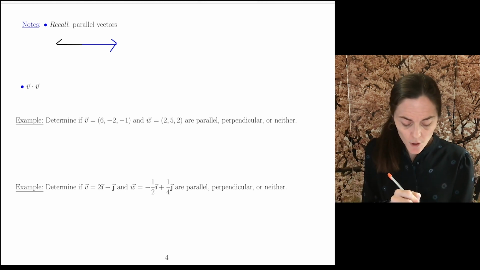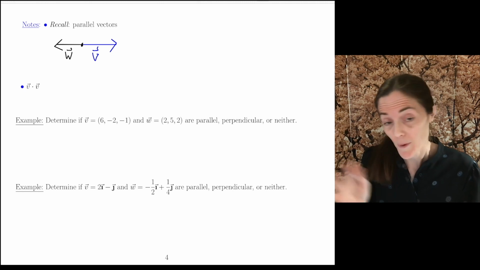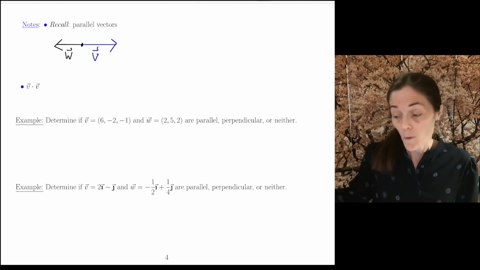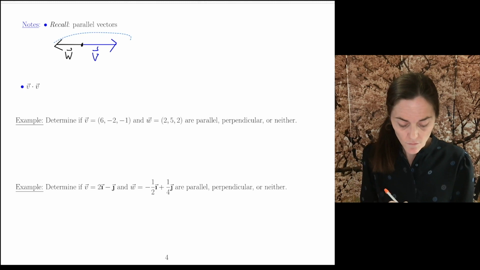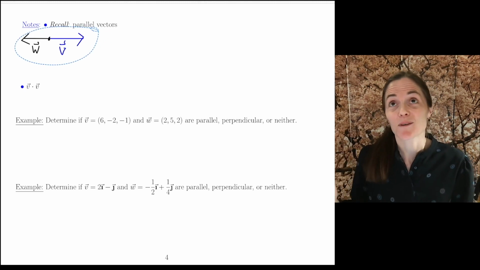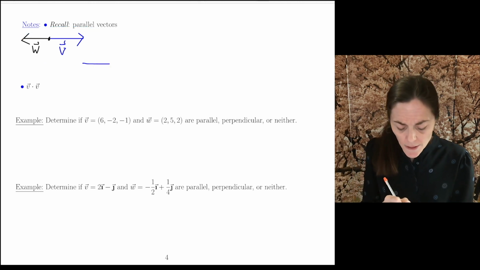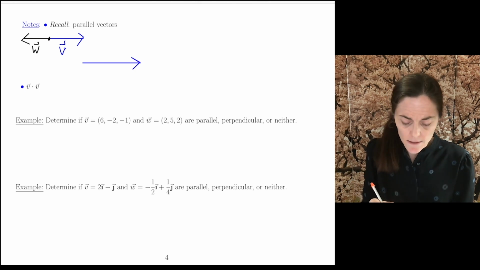For example, you either have this picture where this is V and this is W. In this case, they point in opposite directions and the multiple is a negative number. So V will be a negative number times W, and similarly, W will be a negative number times V. That's one possibility. The other possibility is V is like this, and W points in the same direction. So this one is also parallel.